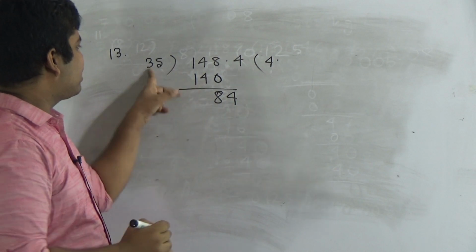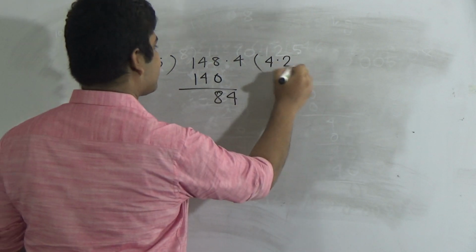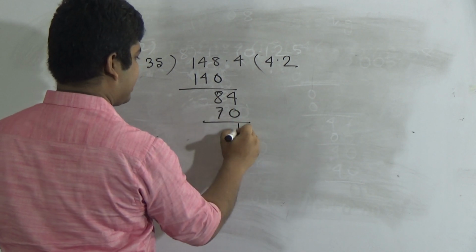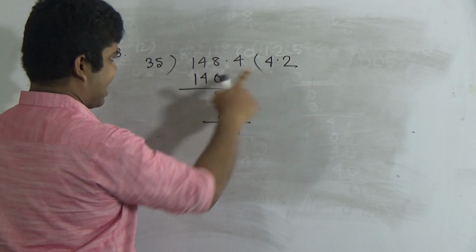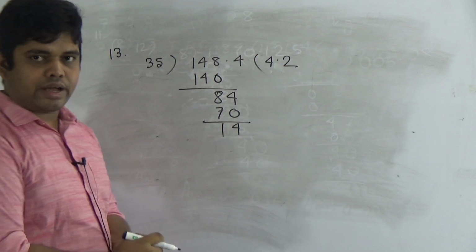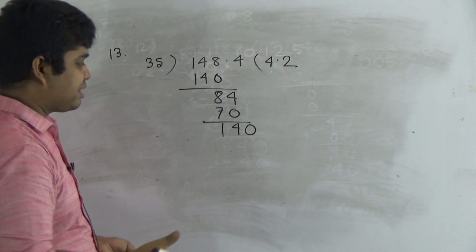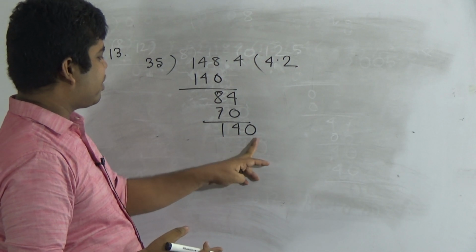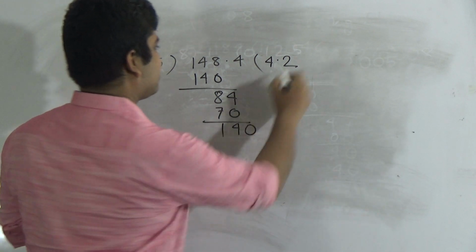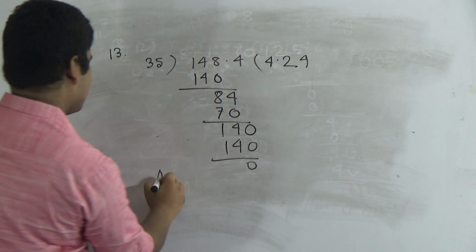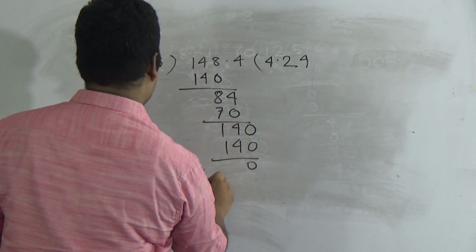In 84, 35 goes in 2 times, so 70. If we subtract we get 14, and as the point has already come, we get a 0 bonus every step. So in 140, 35 goes in 4 times, 140. Okay, this is the answer of question number 13.